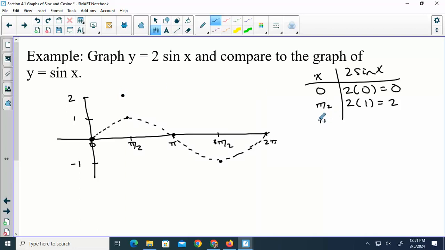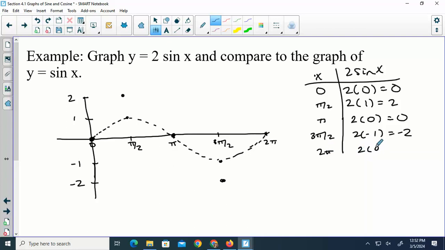If I put in pi, what's the sine of pi? Zero. So we get 0 again. If I put in 3 pi over 2, what's the sine of 3 pi over 2? Times 2 gives me negative 2. Okay, if I put in 2 pi, what's the sine of 2 pi? Times 2 is still 0.